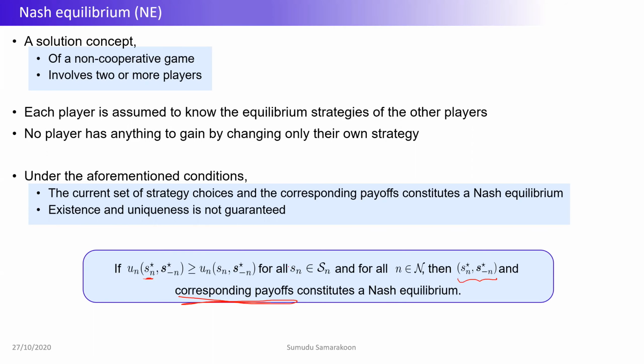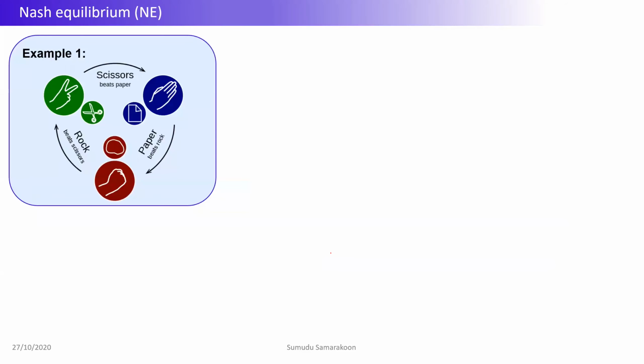Now let's try to see a couple of examples and try to understand what this means. For example, let's say this rock, scissors, paper game among 2 players. In order to identify the benefits, losses, payoffs, and strategies, let's go for the tabular form in this case.